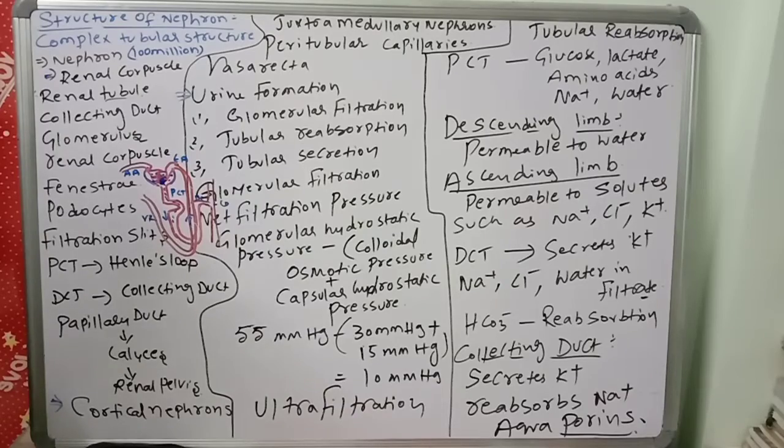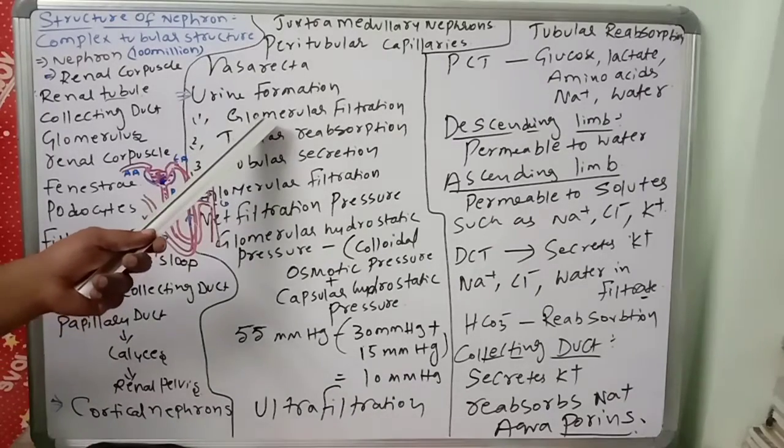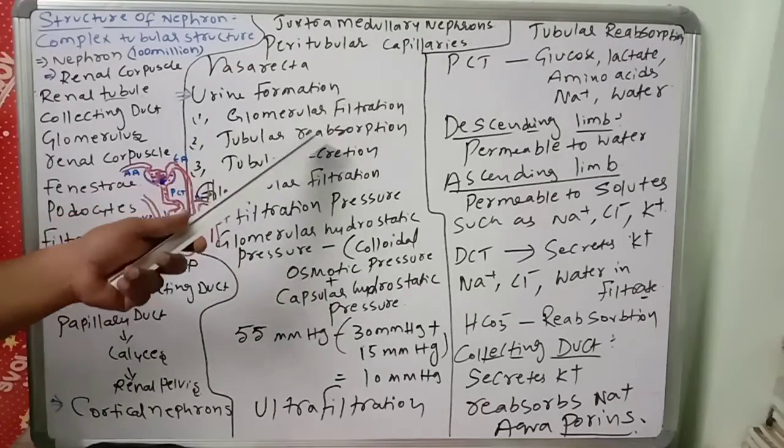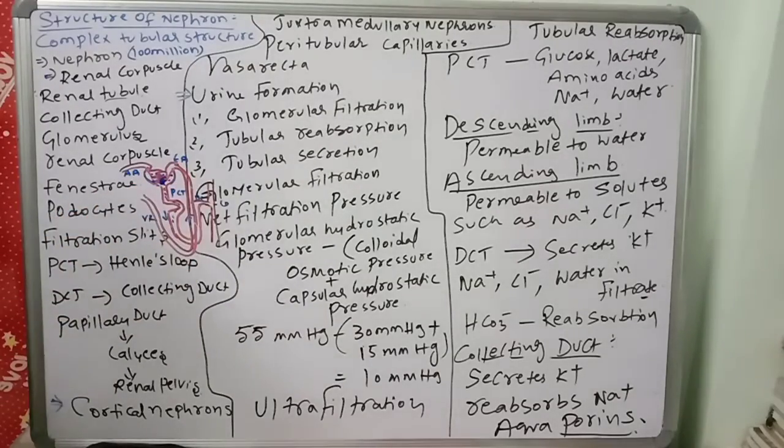Urine formation involves three main processes: glomerular filtration, tubular reabsorption, and tubular secretion.